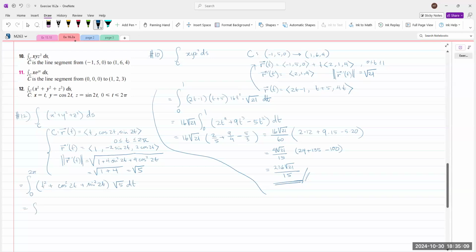So this is the integral from 0 to 2 pi of (t squared plus 1) square root of 5 dt. I will factor the square root of 5 out, right? And then 1/3 t cubed plus t from 0 to 2 pi. Well, I will just replace that by 2 pi then. Square root of 5 times (1/3 times 8 pi cubed plus 2 pi).